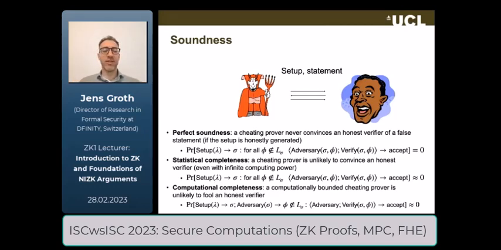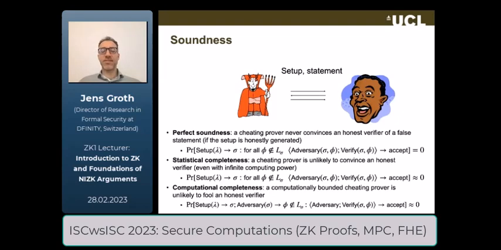So you would compute this probability: if you compute an honest setup, the probability that an attacker convinces a verifier should be 0.